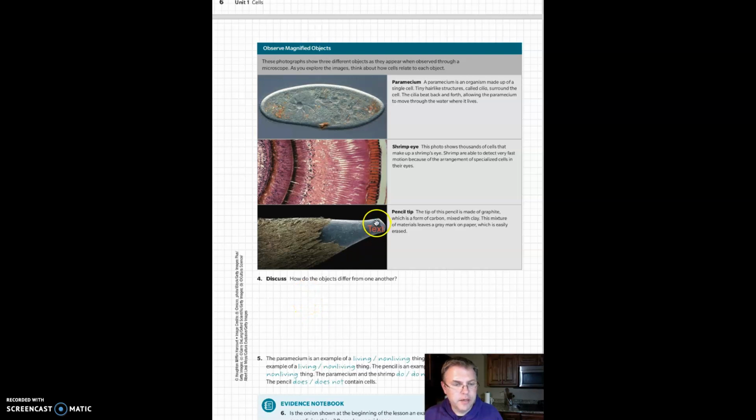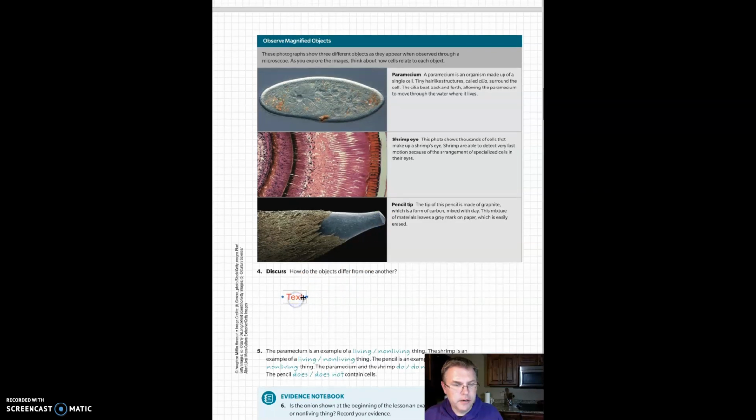The big thing to take a look at here is just how their bodies are set up. Okay, so like our paramecium up there at the top, that thing is made of one cell. Okay, the shrimp eye and the shrimp itself, we can definitely say would be made of many cells.